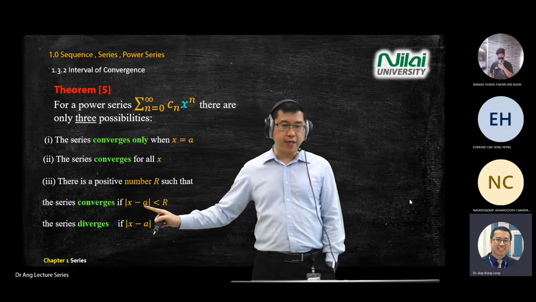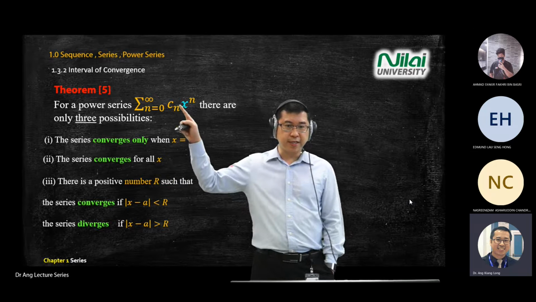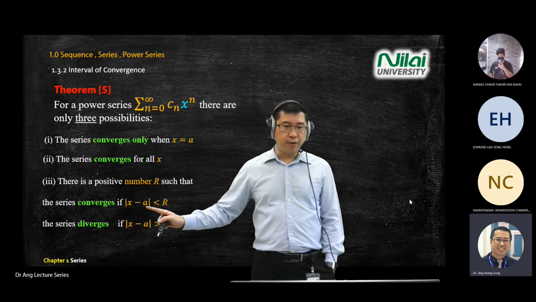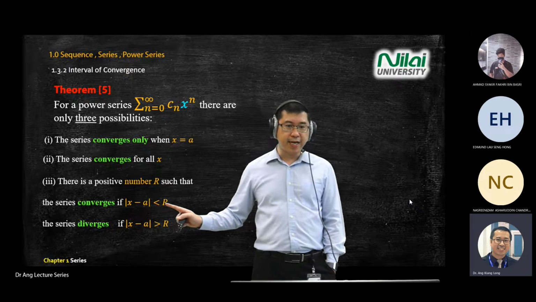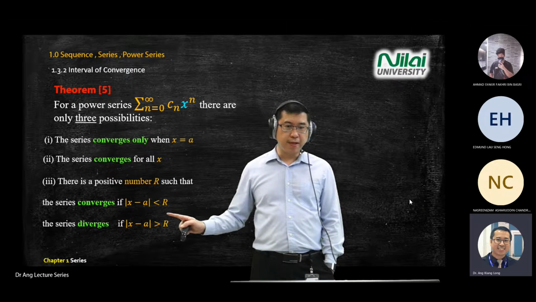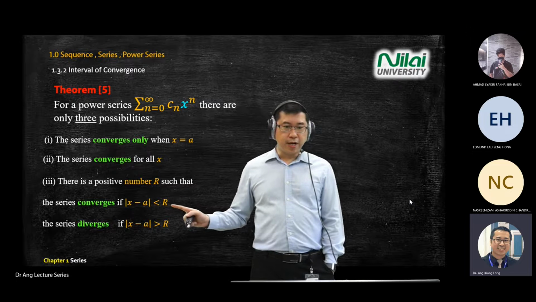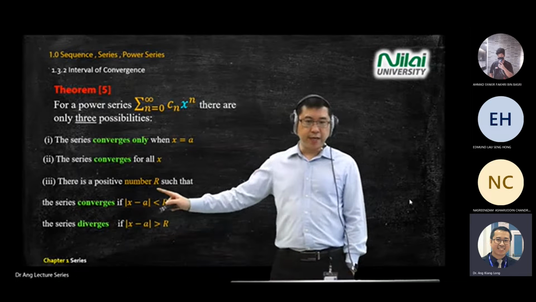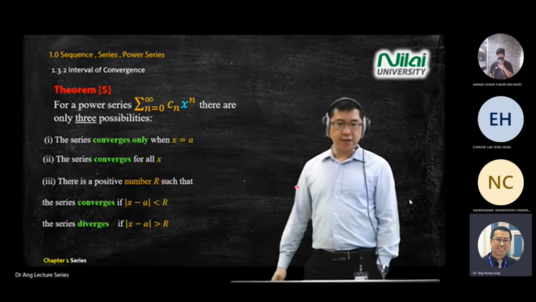Third possibility is the one that we see when we change the x here into x minus a. So if x minus a is less than a number, for example, the L, a positive number, then it converges. If it's more than the number, then it diverges.